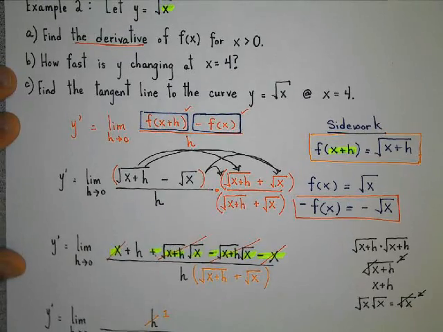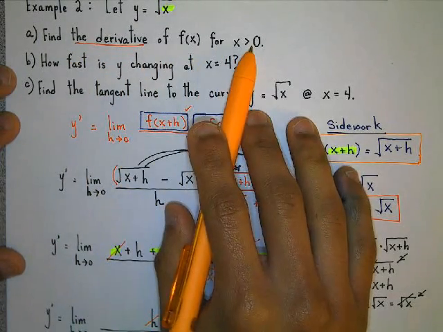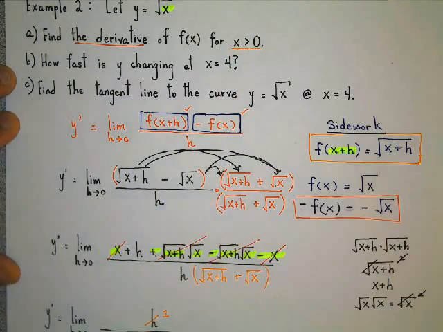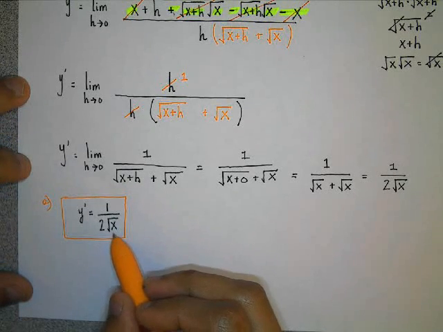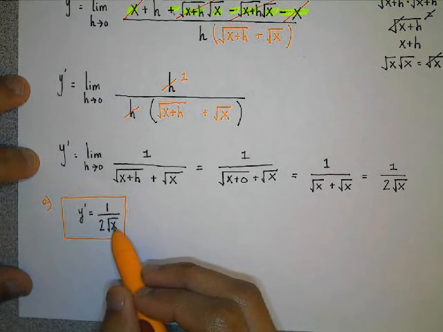If I go back up here, part A wanted us to find the derivative of f of x for x greater than 0. Now, the reason we included this part for x greater than 0 is because notice here that we have a square root as our derivative, and x cannot be negative because the square root of a negative number is imaginary. It gives us complex numbers.